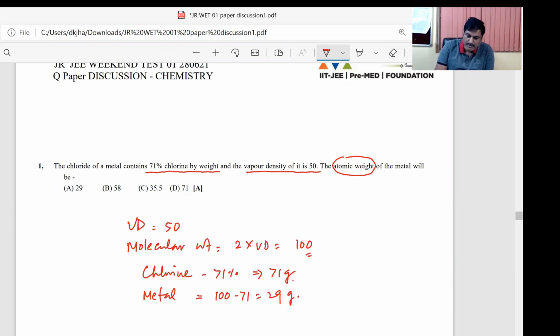This is the atomic weight of the metal. So what's the answer? A. Atomic weight of that metal is this one. Okay.